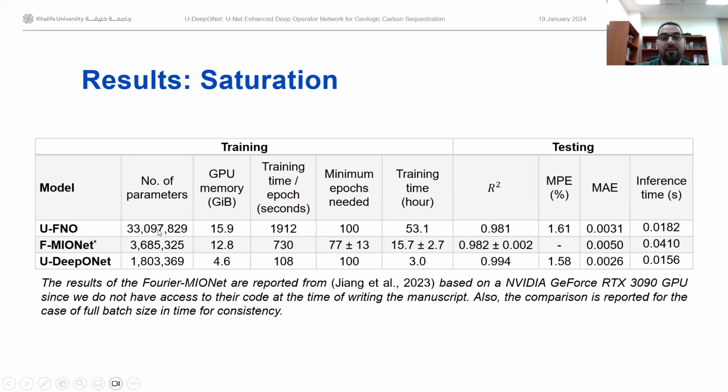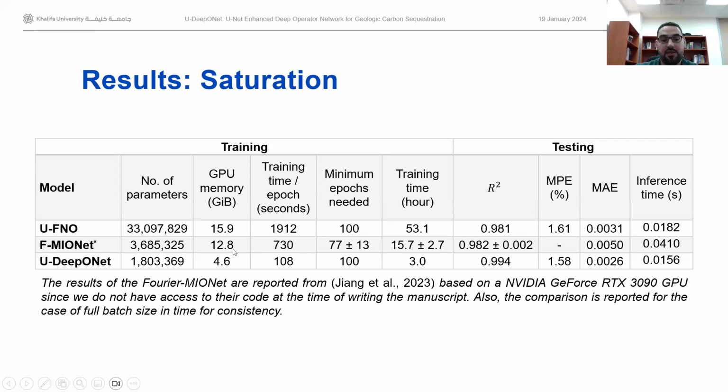We can see here that the UFNO, as proposed by Wen and others in 2023, contains about 33 million trainable parameters. The Fourier MIONet managed to drop that to about 3.6 million. In our case, the U-DeepONet for the saturation model only contains 1.8 million trainable parameters.